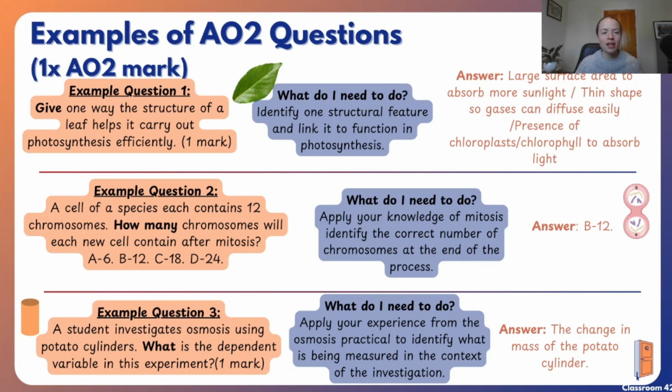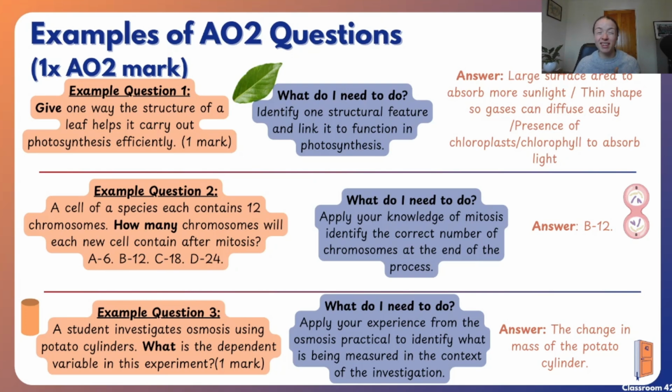So question 1: give one way the structure of a leaf helps it to carry out photosynthesis efficiently. So efficiently would mean as quickly as possible or using the least amount of energy necessary. And the reason we know this is an AO2 and not an AO1 is that it's given us an identifier. So we're given one way, but we also briefly need to describe it.